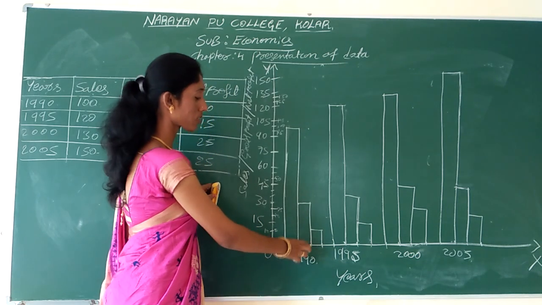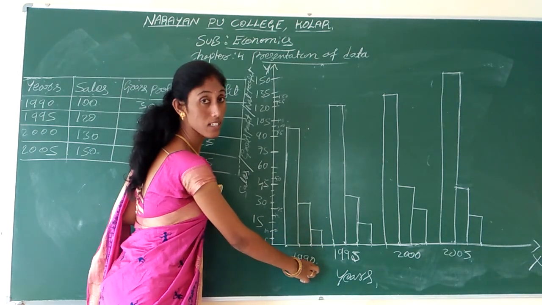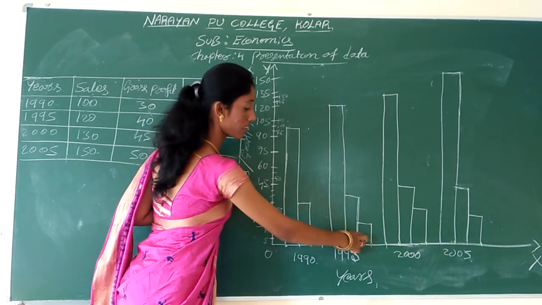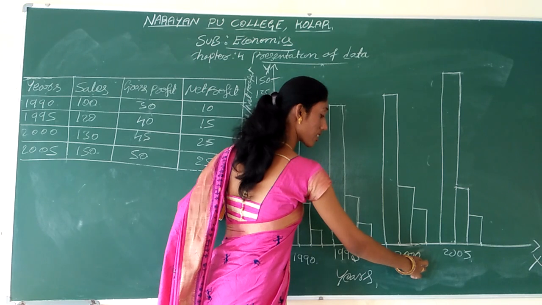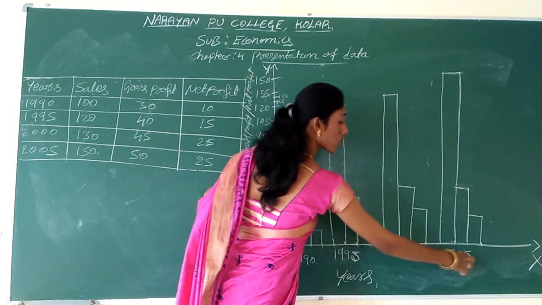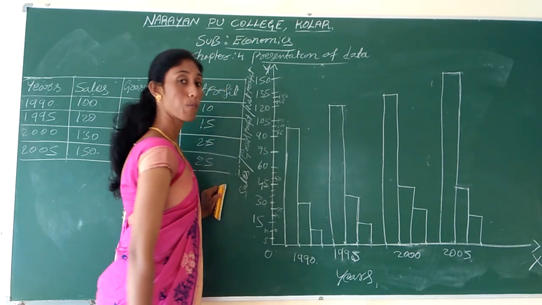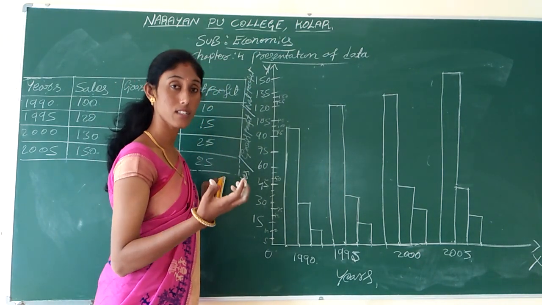In this way, it's clear. These 3 bars are representing the year 1990, and the remaining 3 bars are representing 1995. These 3 bars are representing 2000 and 2005.